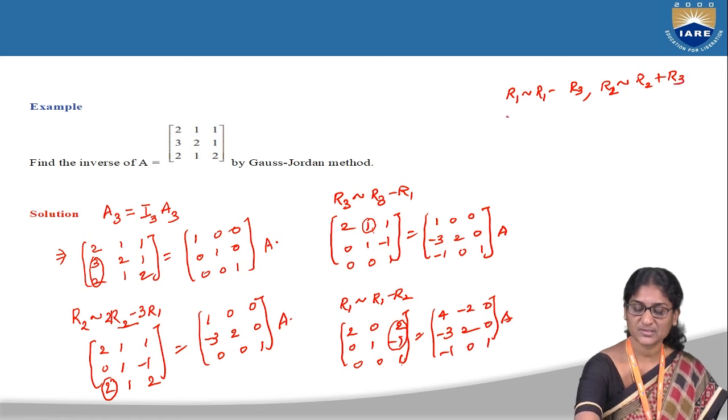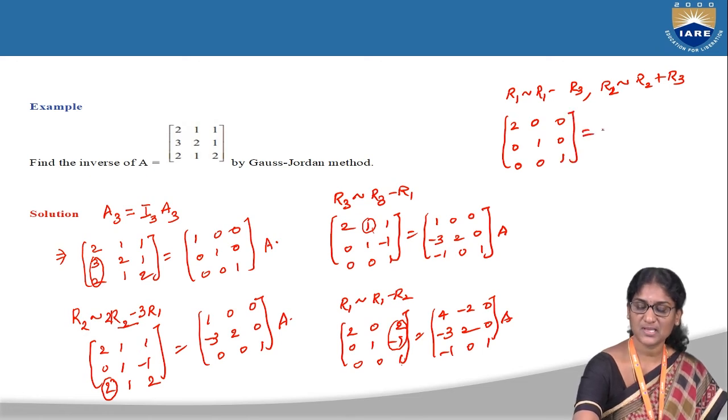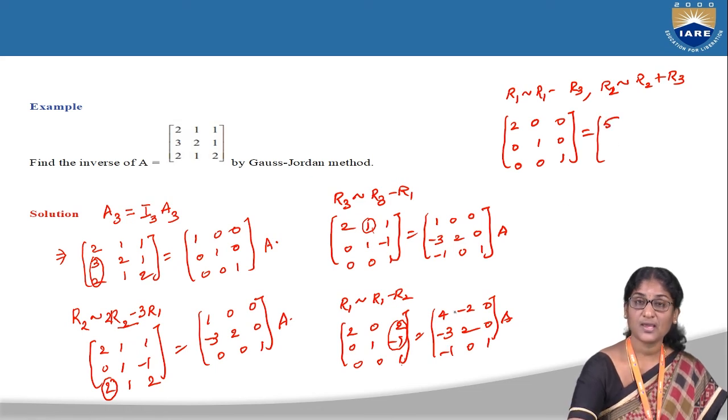So using these operations, conveniently we get 2 0 0, 0 1 0, 0 0 1, equal to the same operation done here. R1 minus 2R3 gives 5, minus 2, minus 1 in the first row. Similarly I have minus 2, minus 1, minus 1, 0 1, into the matrix A.